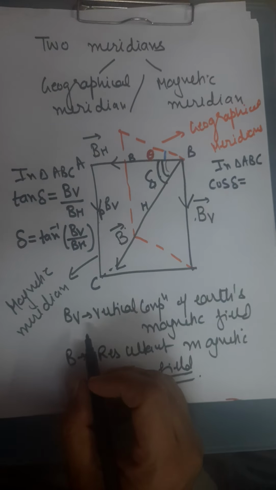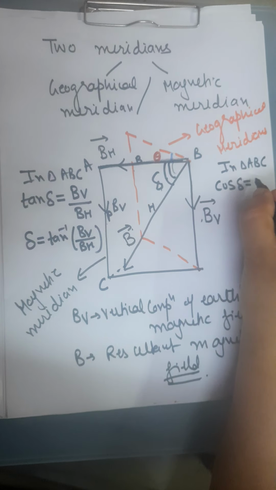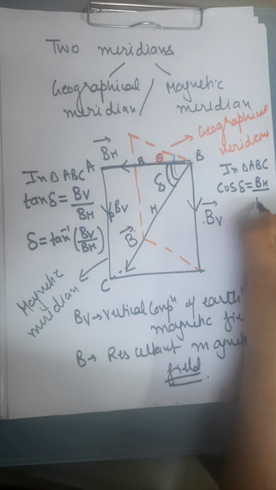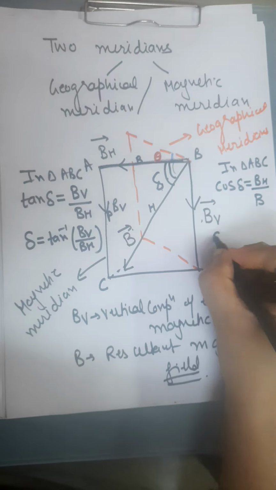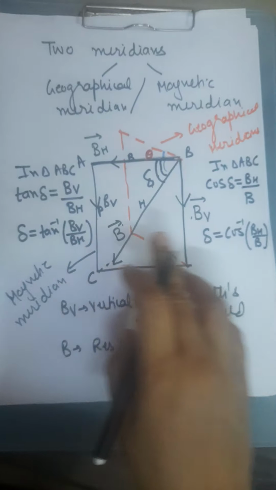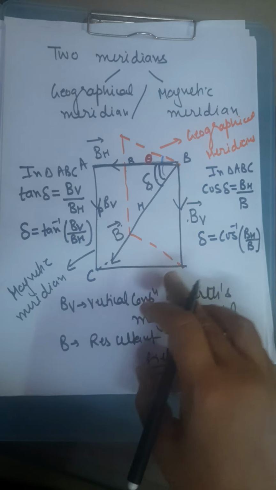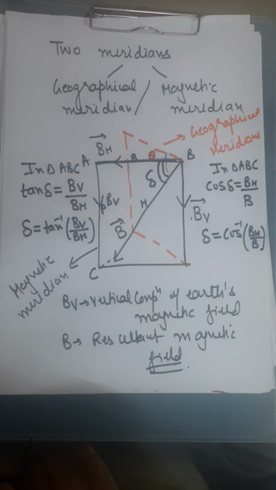This is the base, which is BH, and the hypotenuse is B. So I can write cos delta as BH by B, or delta will come out to be cos inverse BH by B. Look at this very carefully, children. We can write tan and cos in order to define this delta.